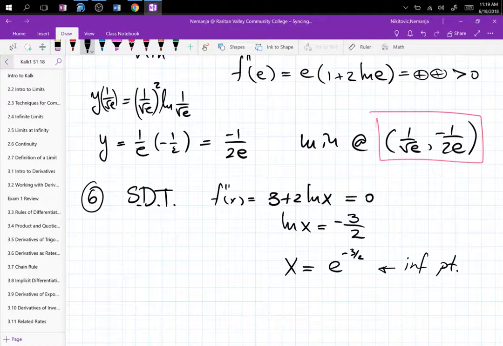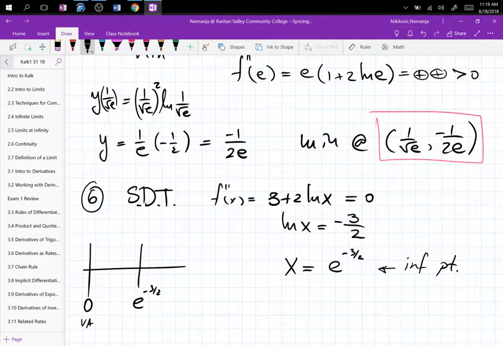Inflection point. So my partitioning, again, has 0. That's the vertical asymptote. And we have e to the negative 3/2, which is the inflection point. And this thing is going to infinity again.